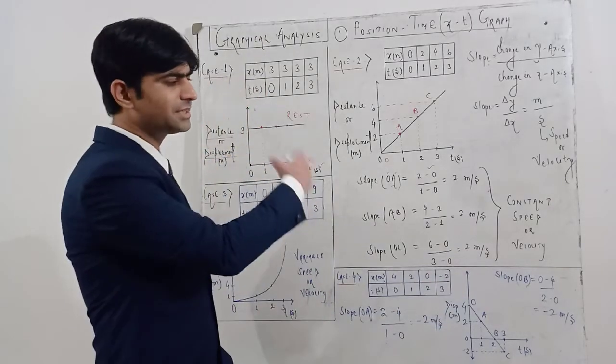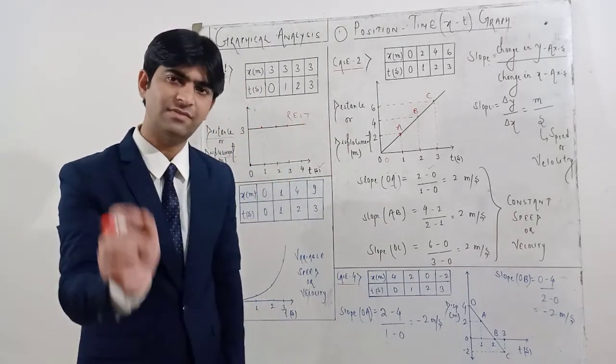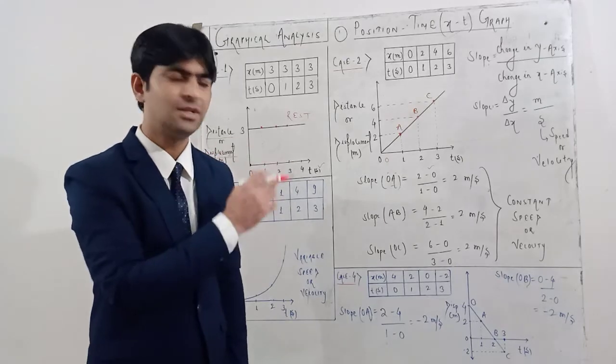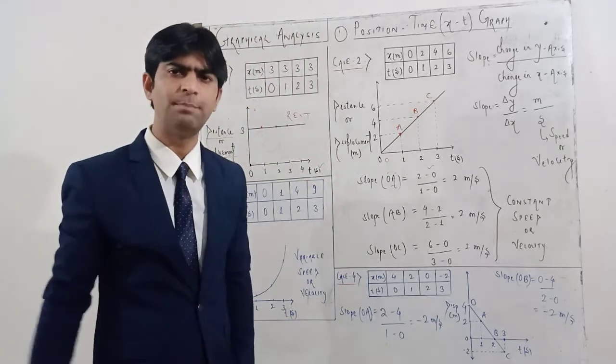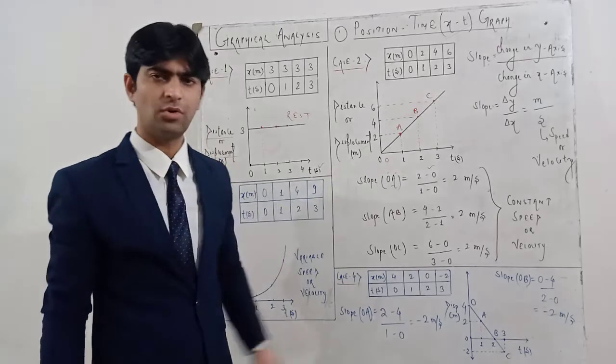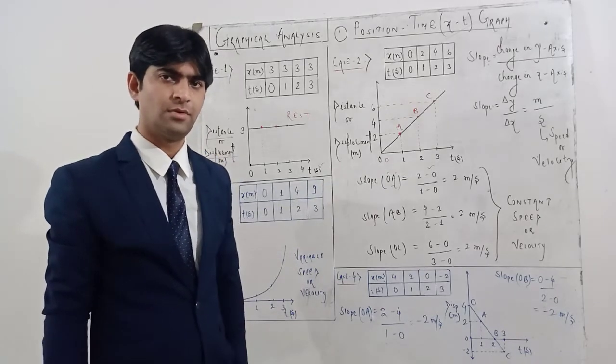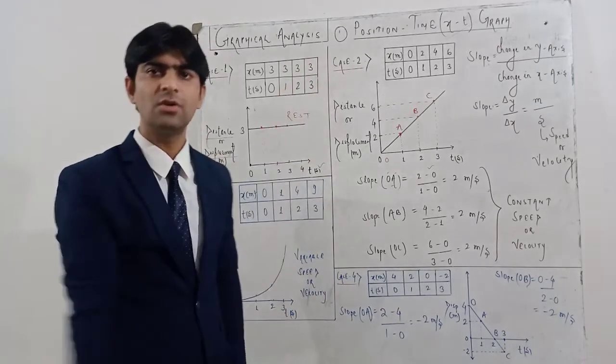So for different sections, you will get the same value because it is a straight line making some angle with respect to the horizontal, and this line is also passing through the origin.